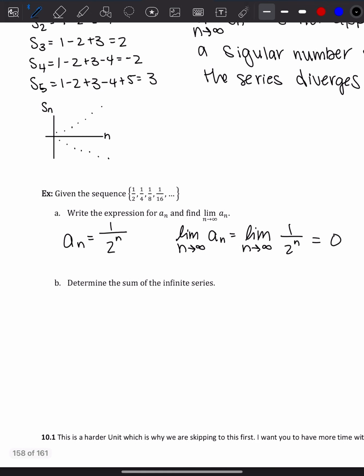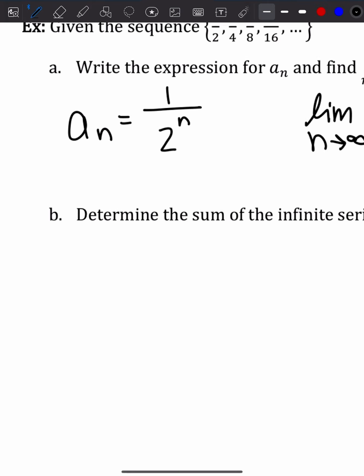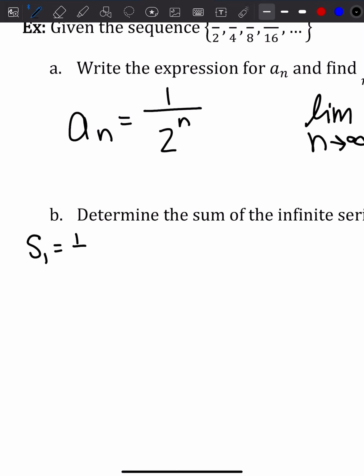So determine the sum of the infinite series. We already have some of these values down, so I'm going to rewrite some of them. The partial sums are what we're going to use to decide if we are converging or diverging. So we want to look at the partial sums. S sub 1 was 1/2.